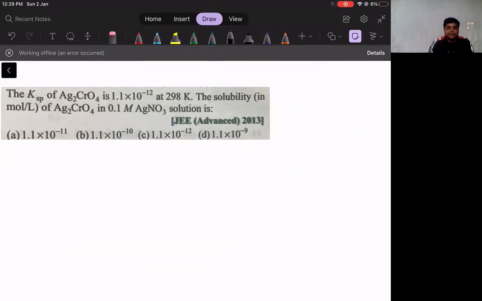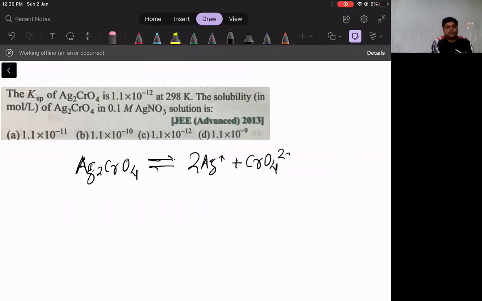So basically, I will write here the dissociation equilibrium for our sparingly soluble salt, and this is Ag2CrO4. So Ag2CrO4 will give the two Ag+ ions and the CrO4 2- ion.